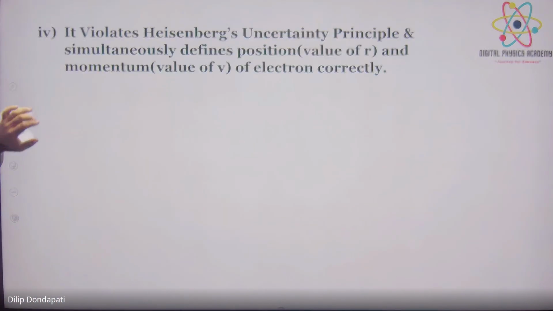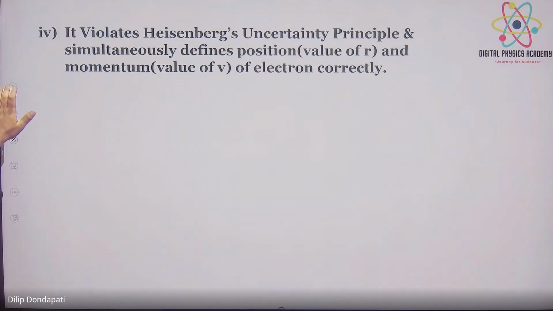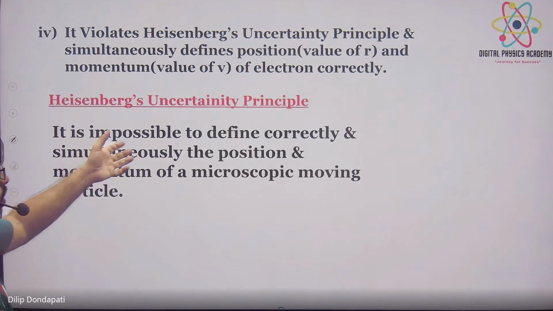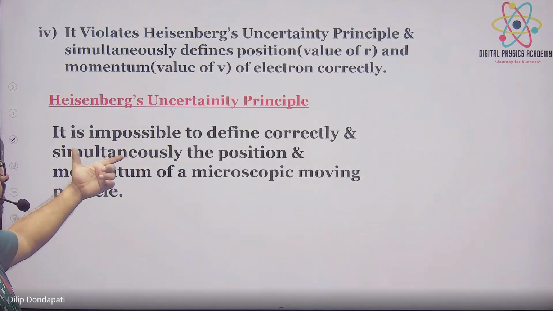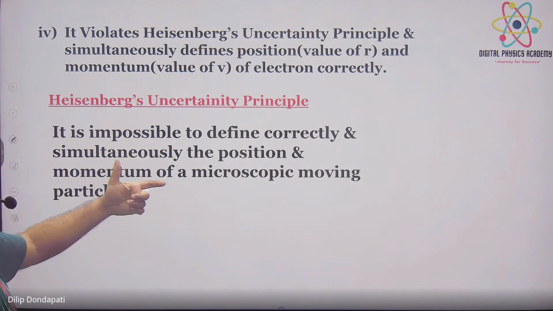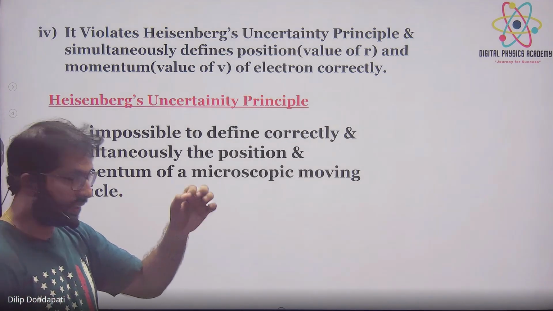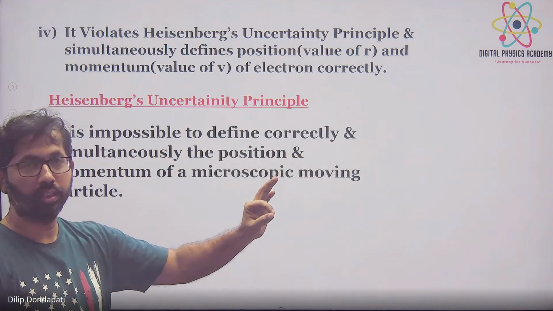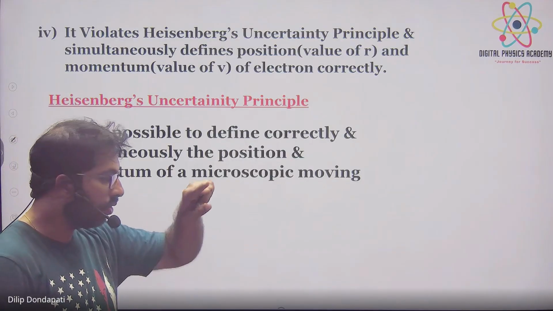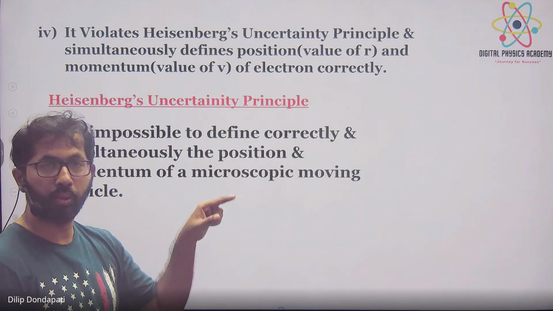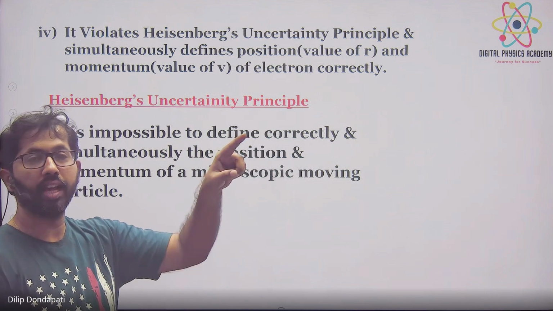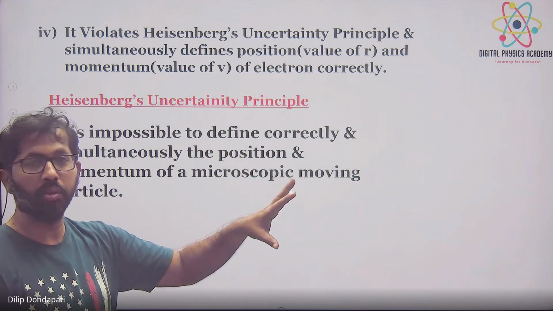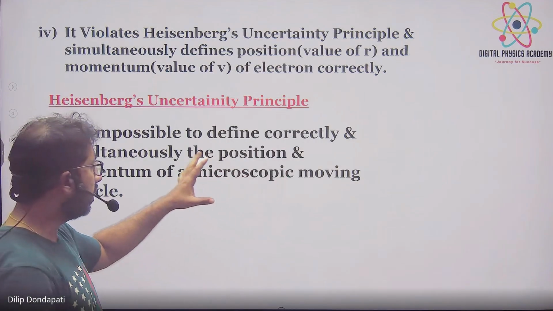One more: it violates the Heisenberg uncertainty principle. Why? What is the Heisenberg uncertainty principle? It is impossible to define correctly and simultaneously the position and momentum of microscopic moving particles. We cannot say the particle is exactly there. Bohr said the electron is moving in exactly that orbit, and at the same time we calculate its velocity and momentum also. Heisenberg proved that all this is not possible.